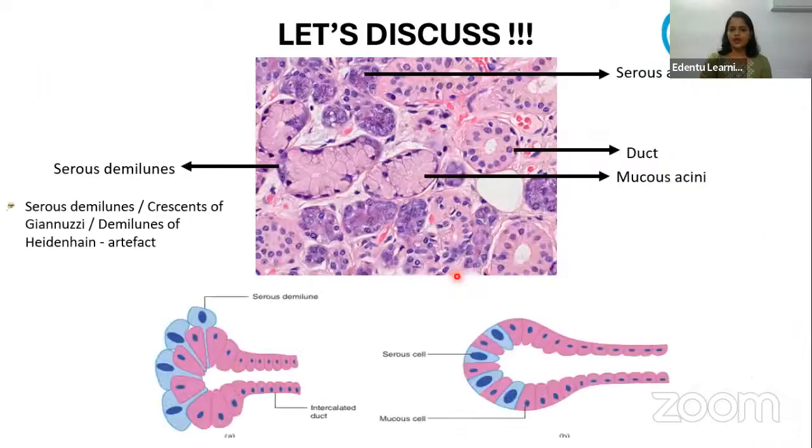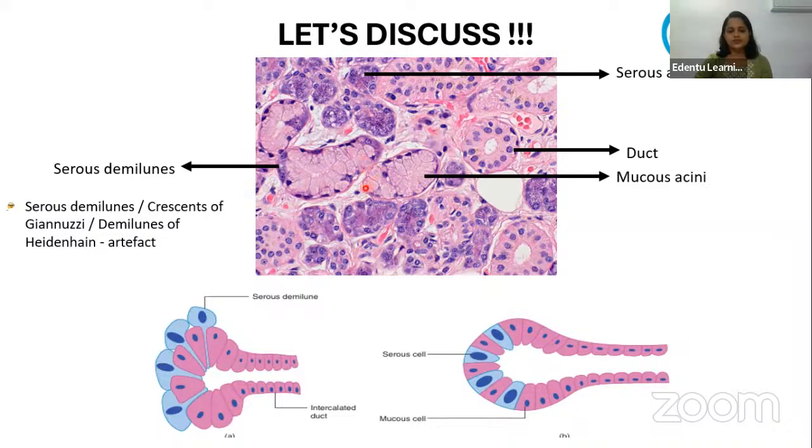So this is a histological picture of a mixed salivary gland. Mixed salivary glands include the submandibular gland and the sublingual gland. Both are mixed salivary glands, but in the submandibular gland the serous secretions will be more, whereas in the sublingual gland mucous secretions will be more.